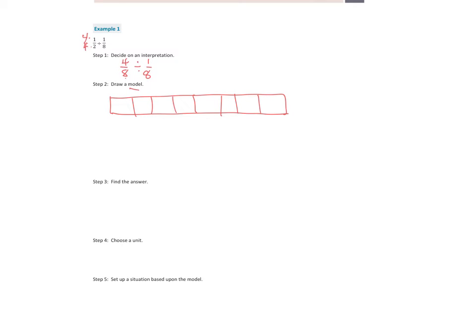So the first thing I'm going to put in is I have 1, 2, 3, 4/8. 4/8 is half. And then I'm going in and I'm chunking by 1/8. So there's 1/8, 2/8, 3/8, and 4/8. So that would be 4.